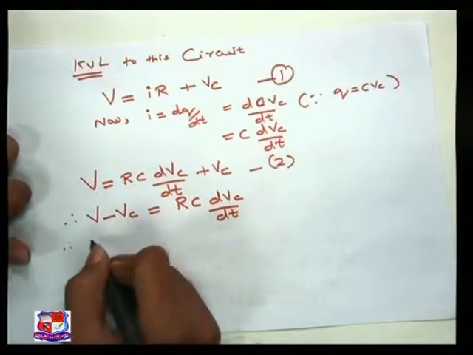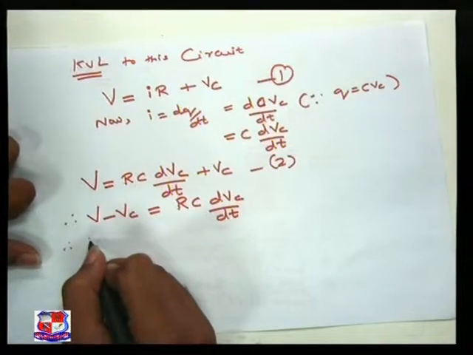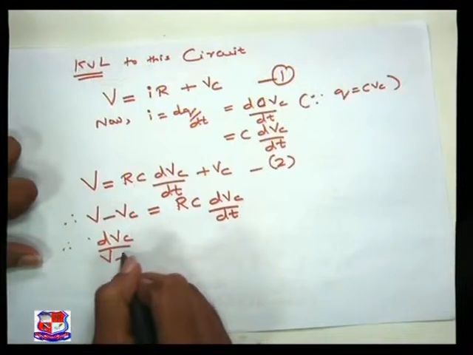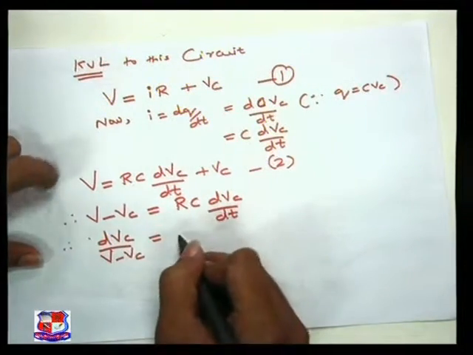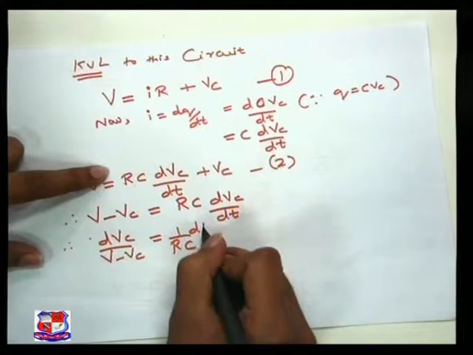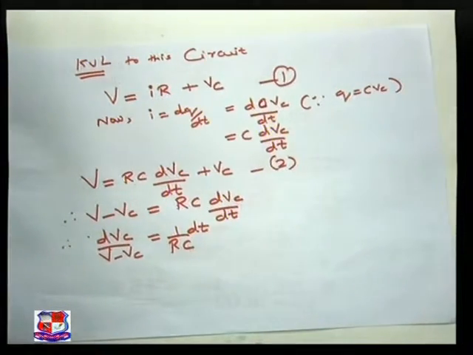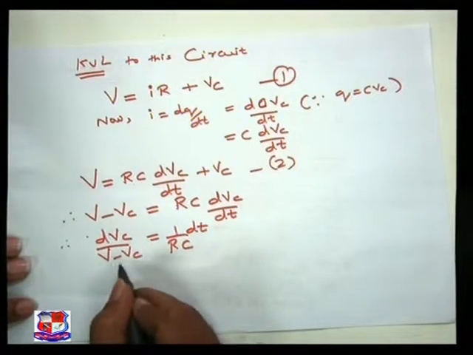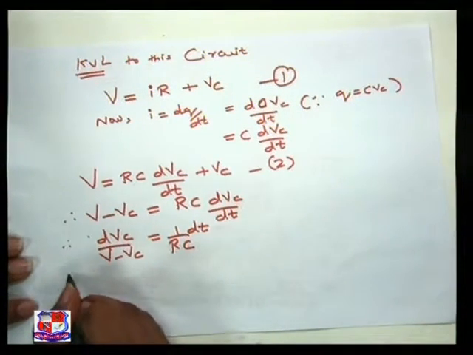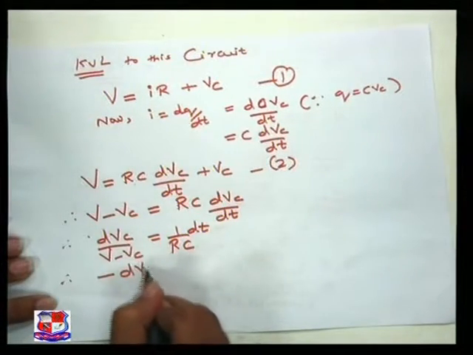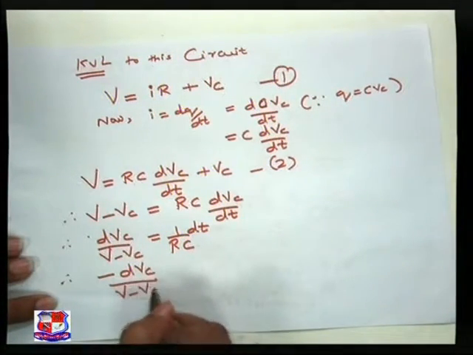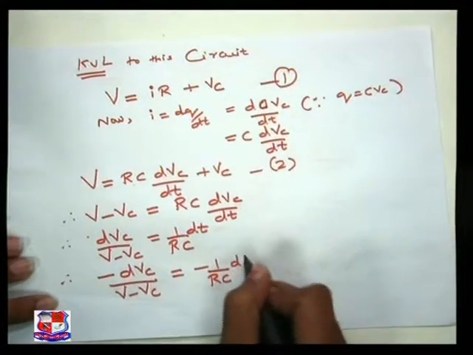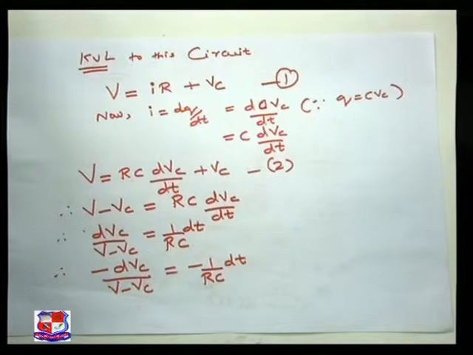So we will get dVC upon V minus VC equal to 1 upon RC dt, right. Now I am multiplying by minus on both sides. So here I will get minus dVC upon V minus VC equal to minus 1 upon RC dt. So up to now questions are clear, right?